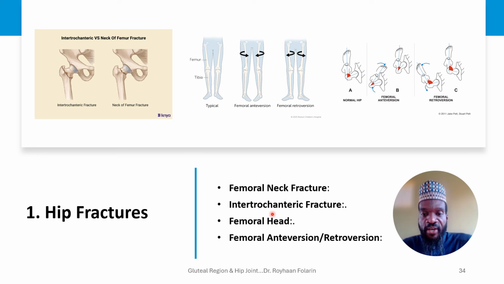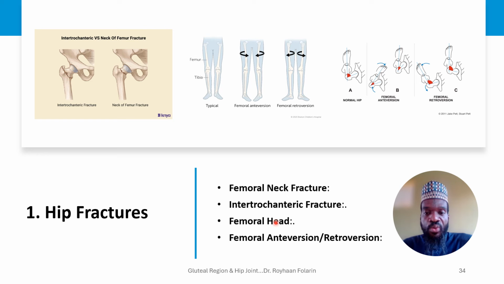We can also have what we call the intertrochanteric fracture, which is what you have here. So here is the neck of femur fracture, and here is an intertrochanteric fracture, which is most common in elderly patients as well, typically caused by falls. This type of fracture can cause instability, and it usually requires surgical intervention.